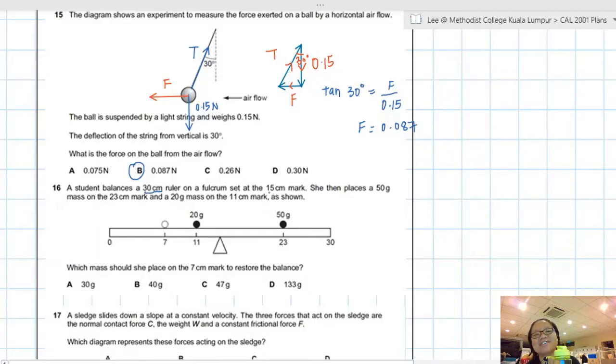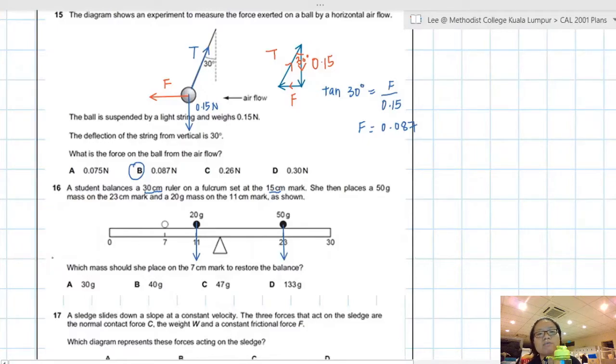Alright, this one is very familiar if you did IG especially. So you have 2 masses at different positions. Then she's going to put another mass at 7 cm to restore balance, and they're asking what mass should be placed at 7 cm.